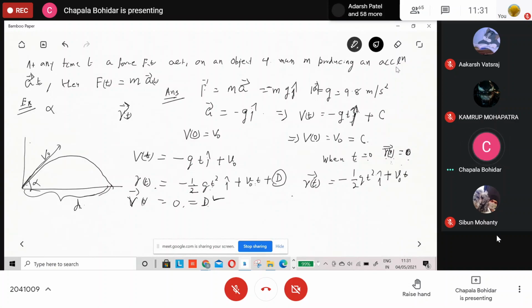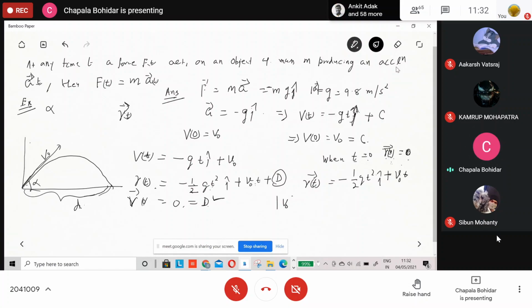So now if we write absolute value of V0, the component we can say for this V0 is V0 cos alpha i cap plus V0 sin alpha j cap, where the angle is alpha.